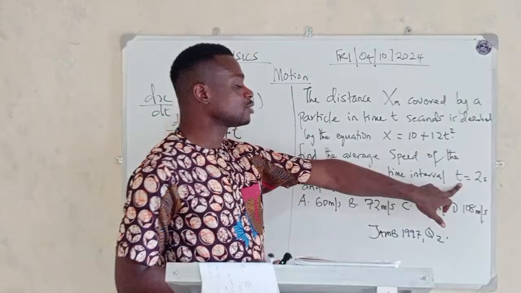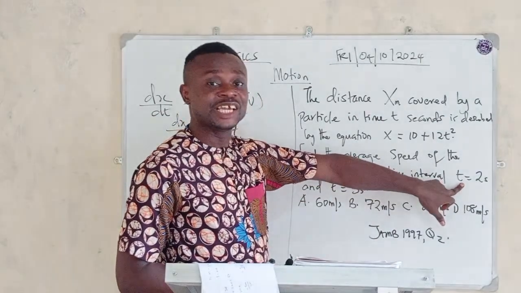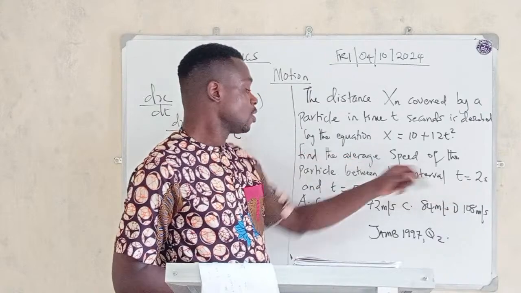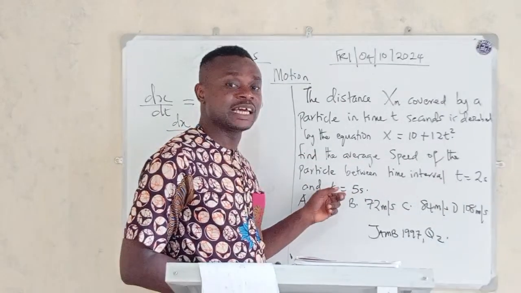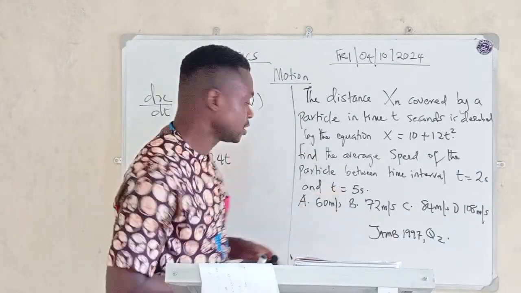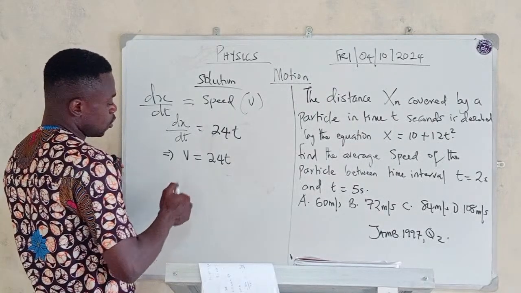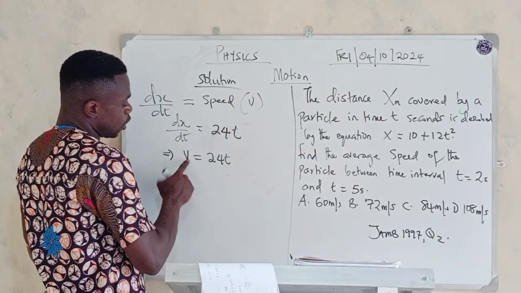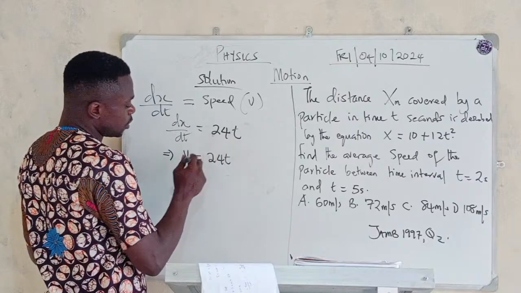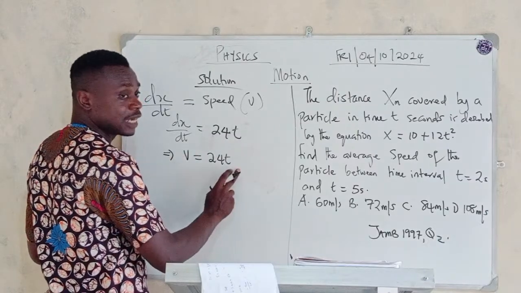When t is 2 seconds, the speed there is the initial speed. When t is 5 seconds, the speed there is the final speed. Or you can call it v1, v2, no problem. So this is the equation now.